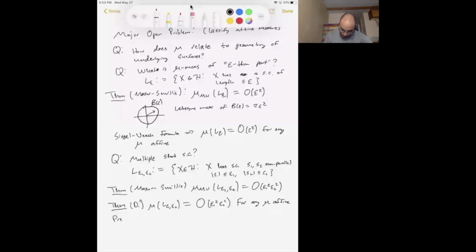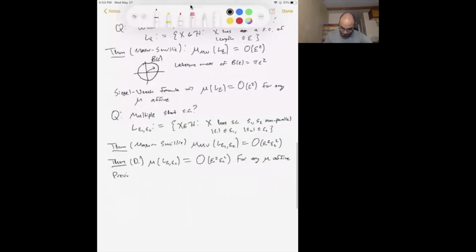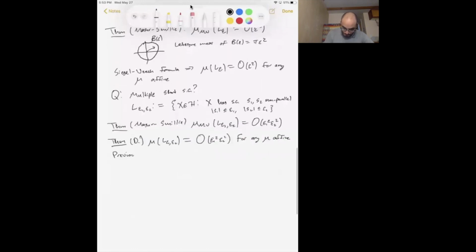So there's some previous work on this. Avila-Matheus-Yoccoz proved a result for all measures, but it's not quite as good as this natural bound that I proved. They proved something a bit better than just the epsilon 1 squared that you get from having one short saddle connection, but not as good as this, which is what you expect.